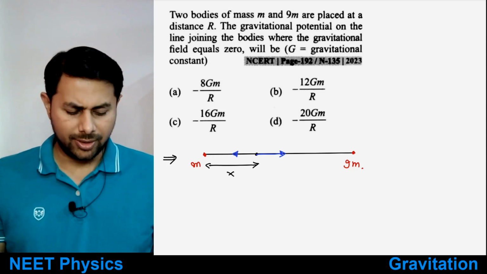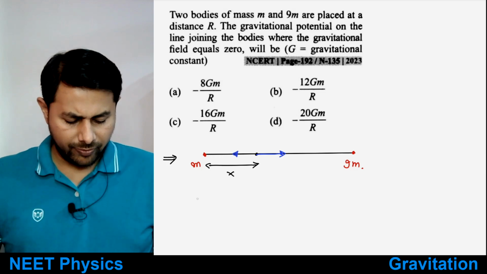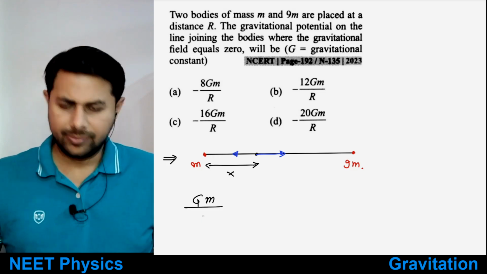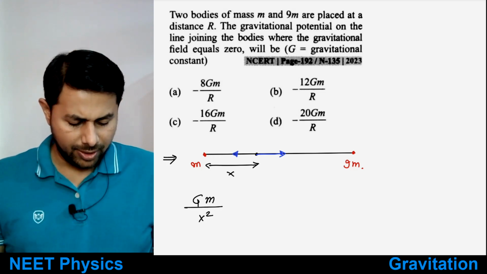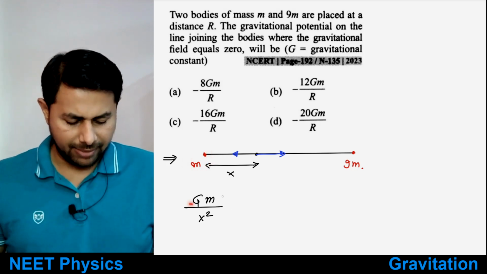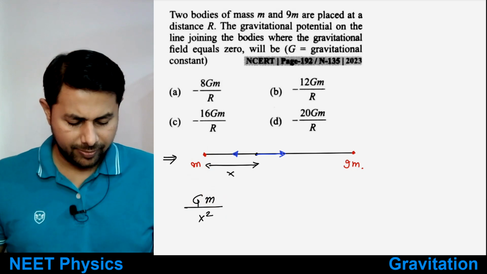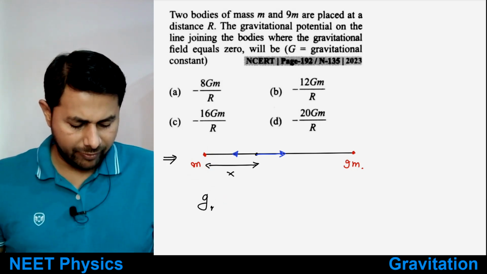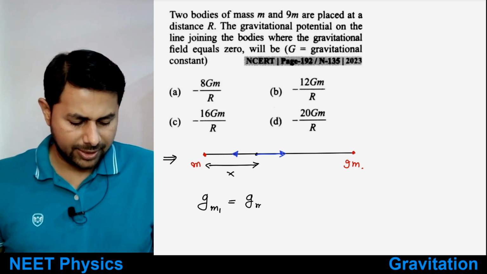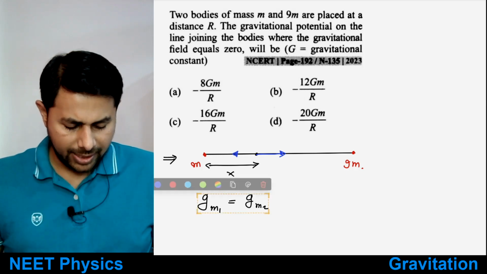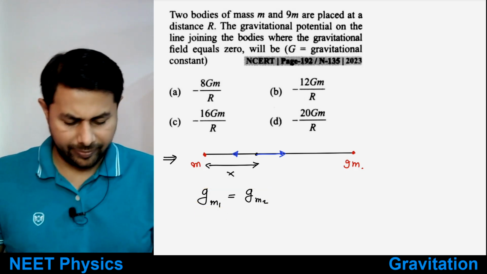Okay, good. So we can find out the distance. So we can say m1, what is the field? G times m upon r square. So here for this mass, it should be G times small m upon x square, right? So we can say g of mass m1 must be equal to g of mass m2. We'll put the values of m1 and m2. m1 is m and m2 is equal to what? 9m, right?